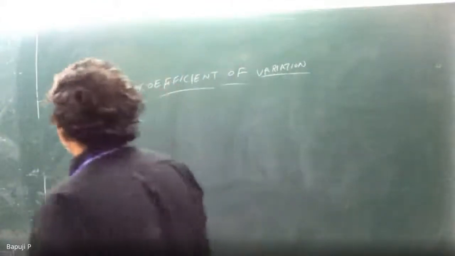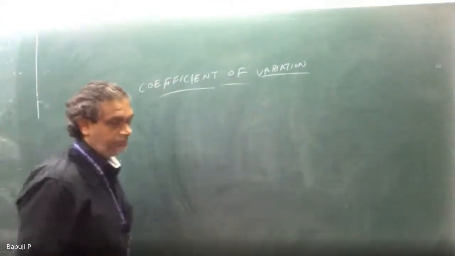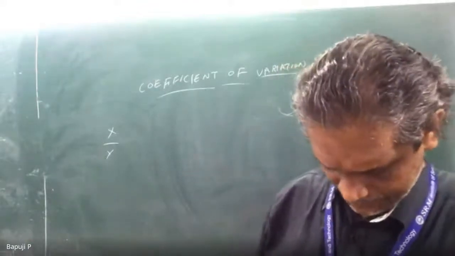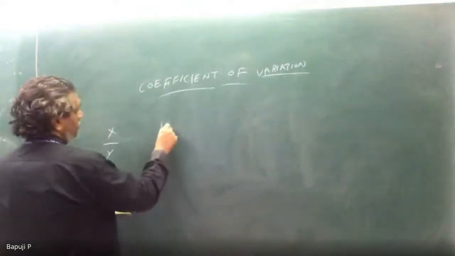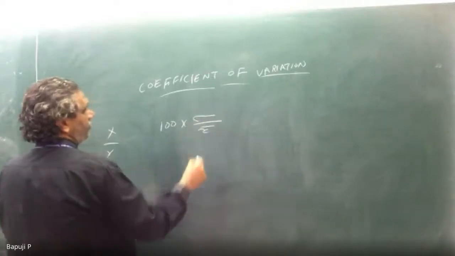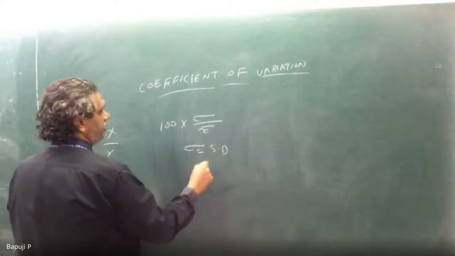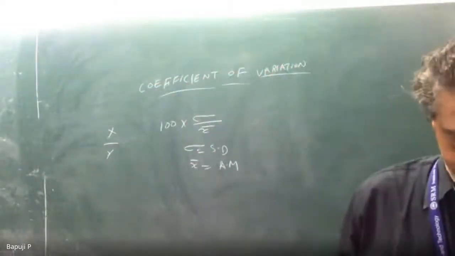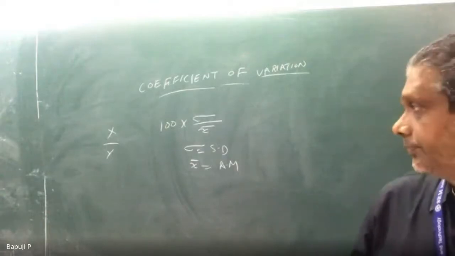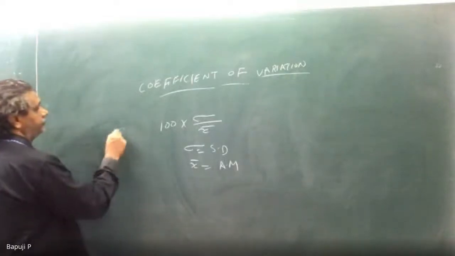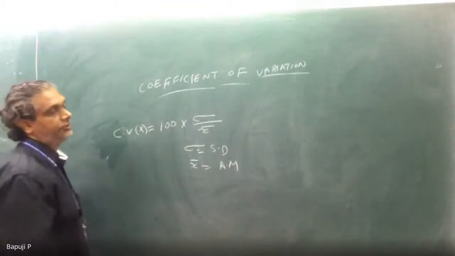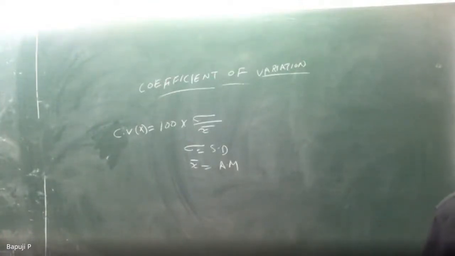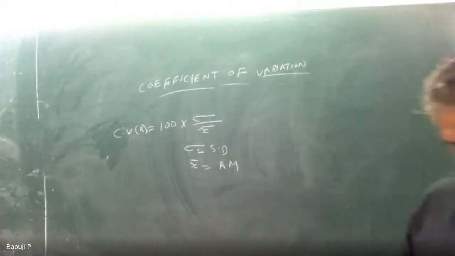So with two series, x is one data and y is one data, in which the highest variability is there, we can find out by finding the coefficient of variation. The formula: CV of x is equal to 100 into sigma by x bar, where sigma is the standard deviation and x bar is the mean.